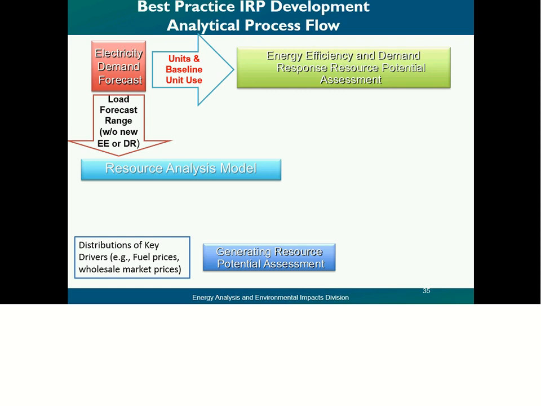If you've got an EERS, or a minimum mandated level of energy efficiency, there's a couple decisions you have to make. First is you can load that in as a must-build resource into the load forecast, so it comes off the top. The question is, what comes off the top? Because if you're also doing an assessment of the remaining resource potential, you have to decide, say it's a 1.5% per annum target.